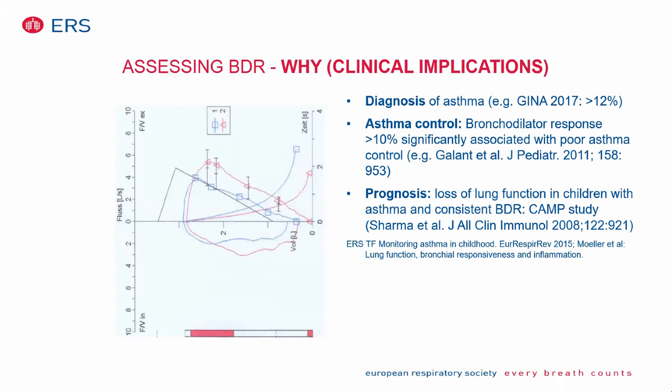If you have a bronchodilator response in a child of more than 10%, this is significantly associated with poor asthma control, and it also is associated with prognosis. Children with a persistent positive bronchodilator response are at risk to lose lung function over time. This is also data from the CAMP study.